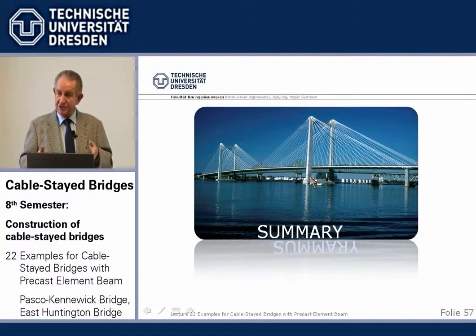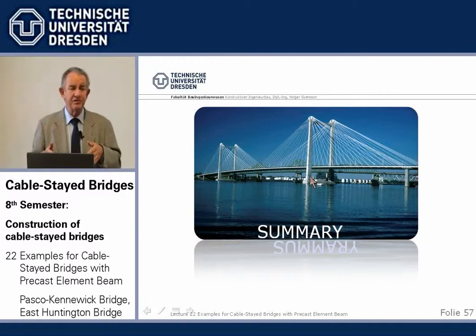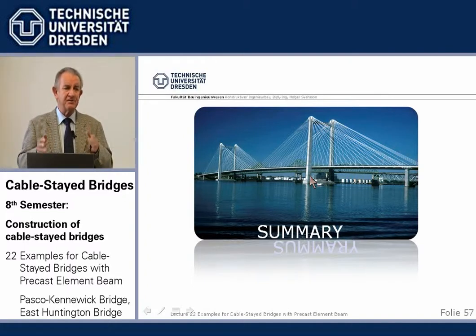But I have shown you, in this particular case, at that time, was the first cable-stayed bridge in the US, and free cantilevering, all that was not very well known. The contract, we wanted to first do it cast in place. But the contractors in the US said, no way. 150 meters free cantilevering over the river, cast in place. We have never done it, and we will not do it. Simple.